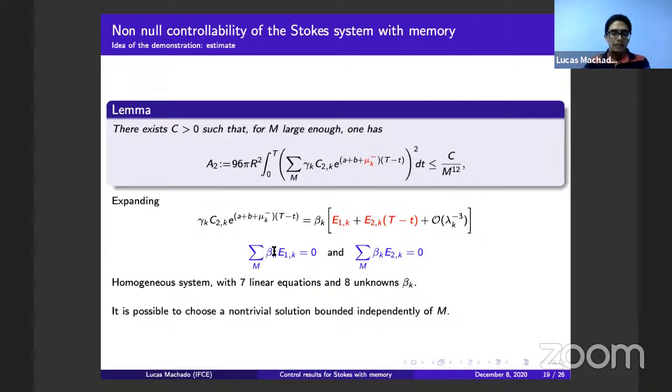Then we impose this additional condition. Now with these 2 additional conditions, the homogeneous system has 7 linear equations and 8 unknowns. Therefore, it's possible to choose a non-trivial solution bounded independently of m.